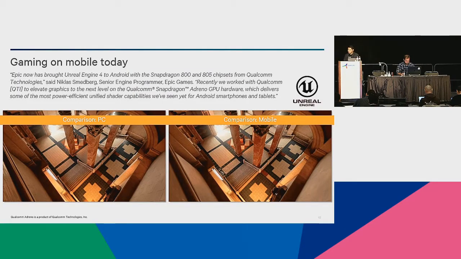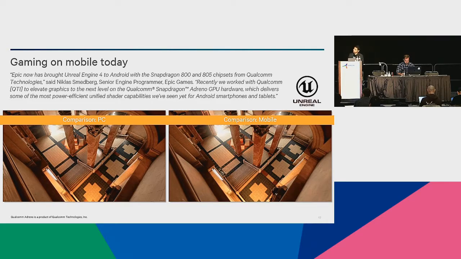So let's focus on the quality of graphics first. Mobile has reached a point where the quality of graphics is very comparable to PC today. If you focus on this slide, I've noted which one is PC and which one is mobile, but if you try to identify the differences, there are very minimal or none. This slide is coming from Epic's Unreal Engine 4.